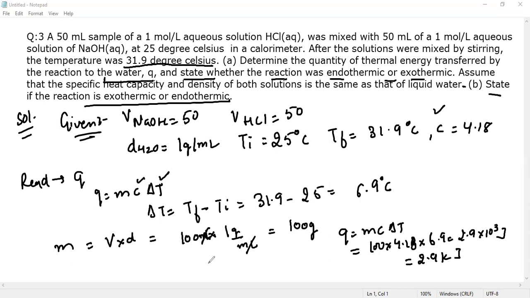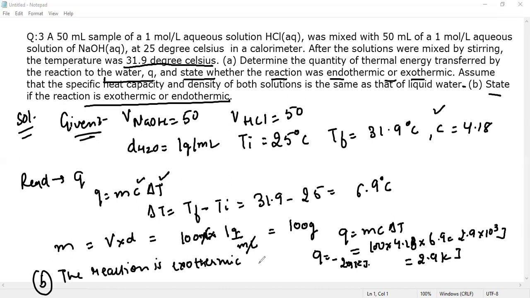So I will write, the reaction is exothermic, because your final temperature is increasing, and the Q value that is transferred is minus 2.9 kilojoules.